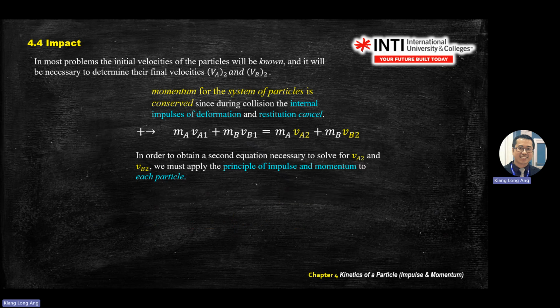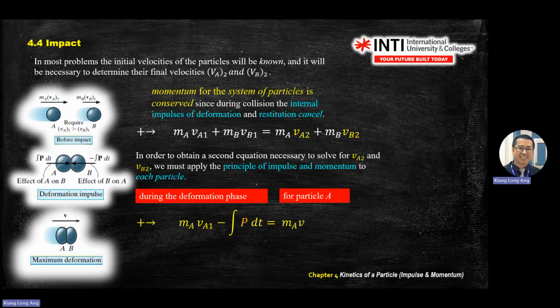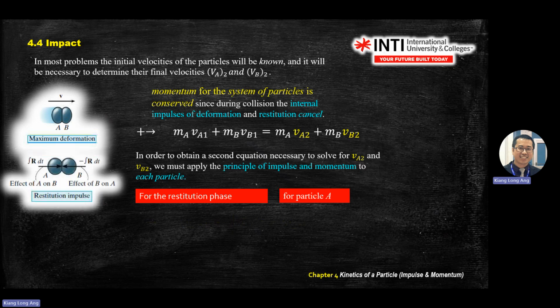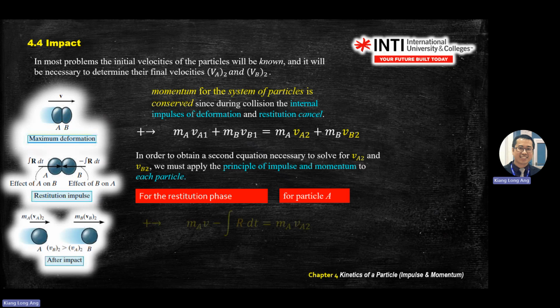So these phases: this one is for the impact. I want to calculate impulse also. It's the same. This one is the restitution phase for particle A, or for ball or sphere A. So it's from one phase to another phase.